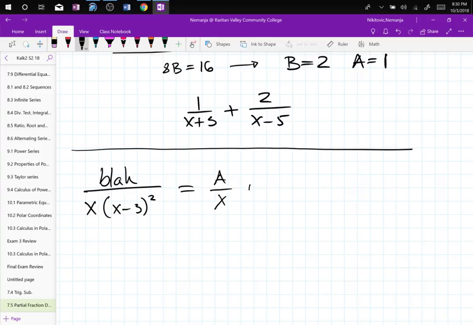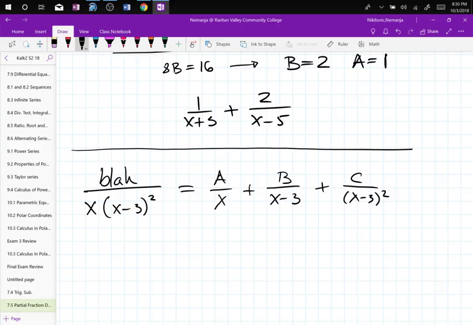For the repeated linear term, I have B over x minus 3 plus C over x minus 3 squared. Those are our setup, right? And as you can see, they're all constants because they're all linear here. Don't worry about the square. Square says repeated, so you have to do 2 for that one.